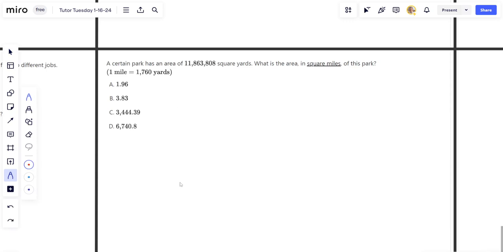A certain park has an area of 11,863,808 square yards. What is the area in square miles of this park? 1 mile is 1,760 yards.